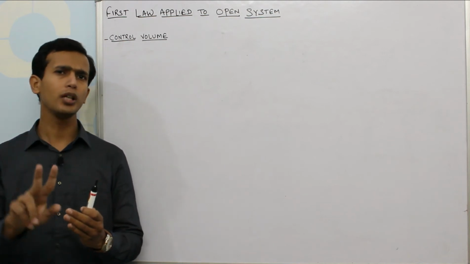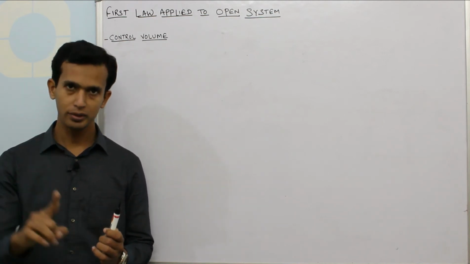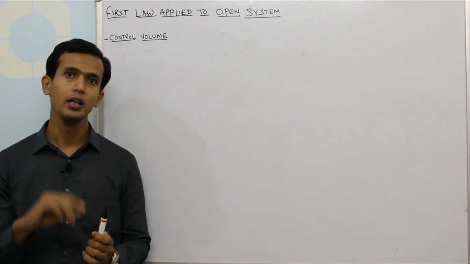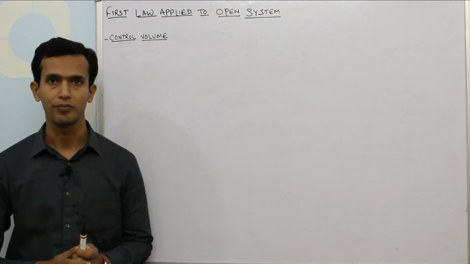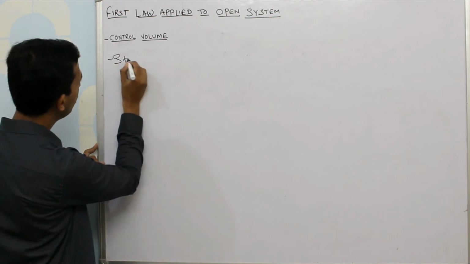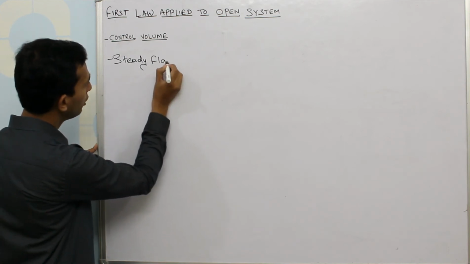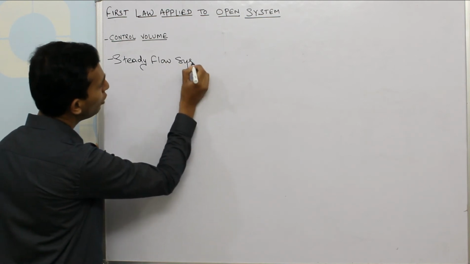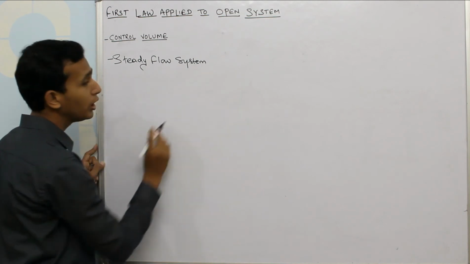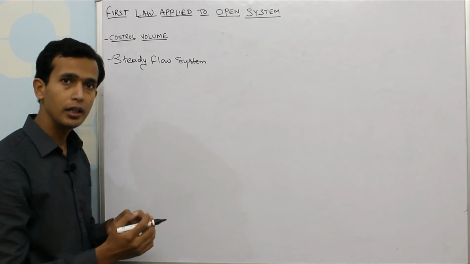There are basically two types of open systems. First, a steady flow open system. Second one, an unsteady flow system. What is the meaning of steady flow and unsteady flow? When I say a steady flow system, then the rate of mass flow and energy into the system and from the system to the surrounding is constant.